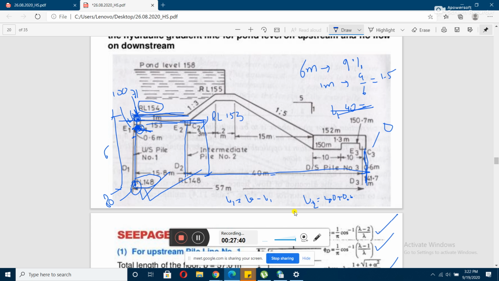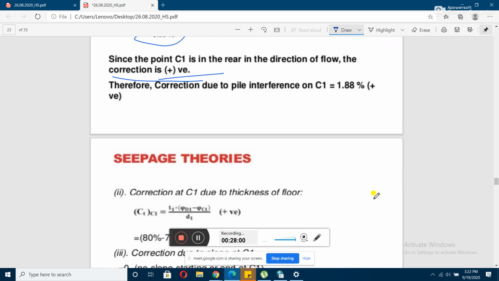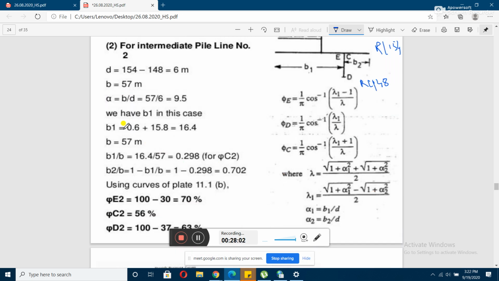In both ways the result will be the same, because 57 is right from the extreme ends of your floor. So b minus B1 will give us B2. This is B2, so B1 is this, and B2 is 1 minus B1 by b.